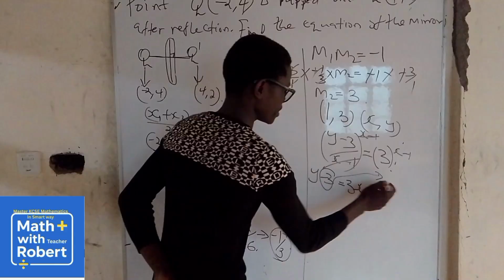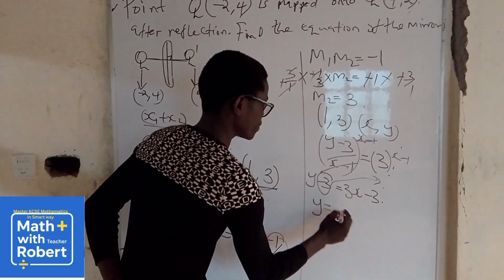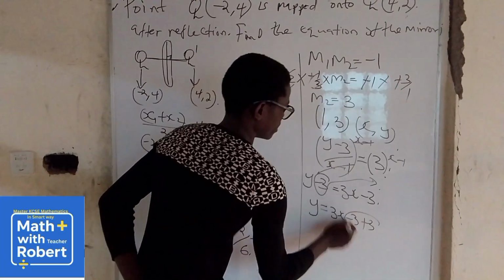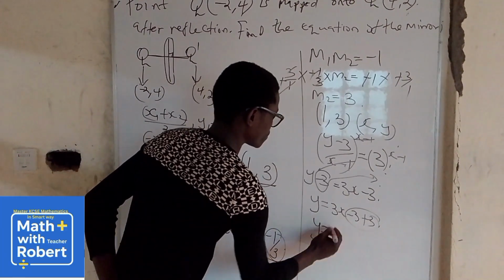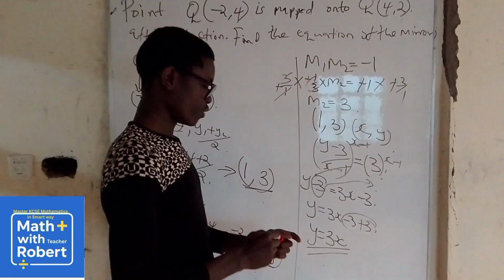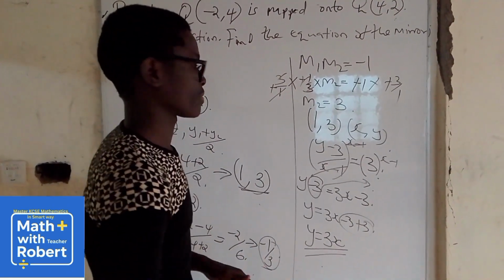This one goes to the other side. So y is equal to 3x minus 3 plus 3. This is 0. So y is equal to 3x. That is the equation of the mirror line.